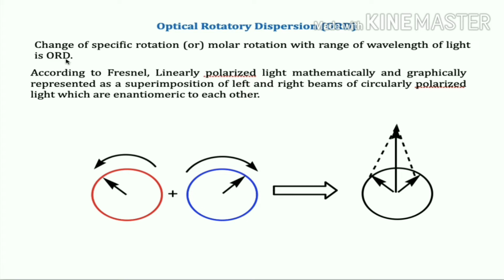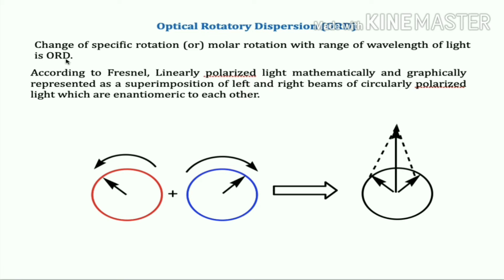The difference is that in optical rotation we measure the rotation at a fixed wavelength, that is 589 nanometer. But in optical rotatory dispersion, we measure the specific rotation by varying the wavelength. That is the main difference.